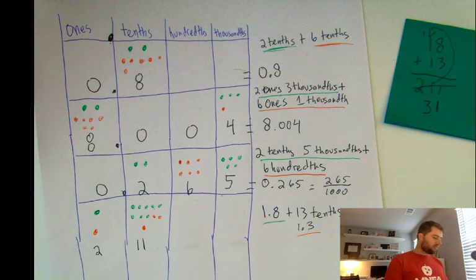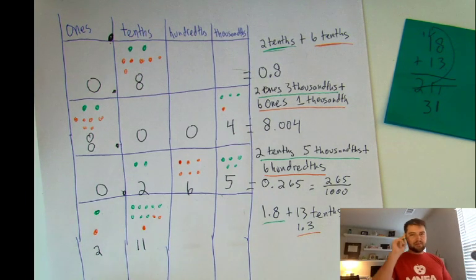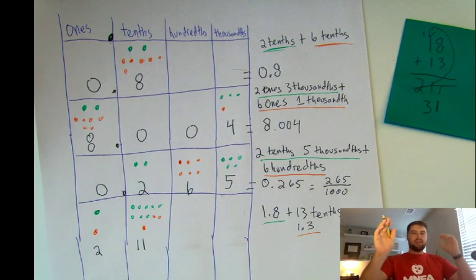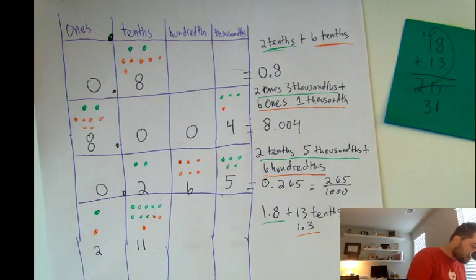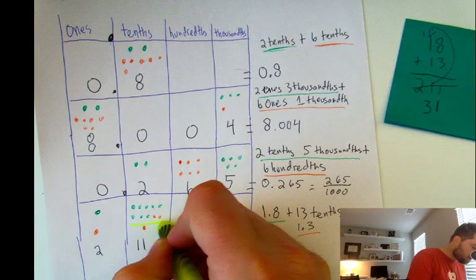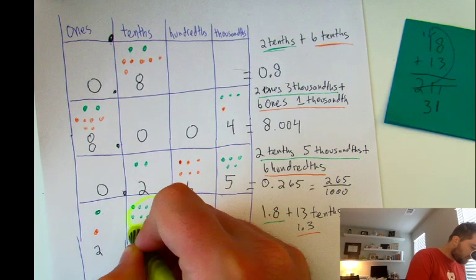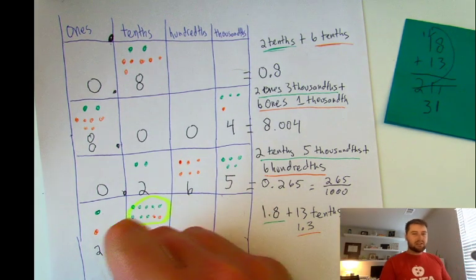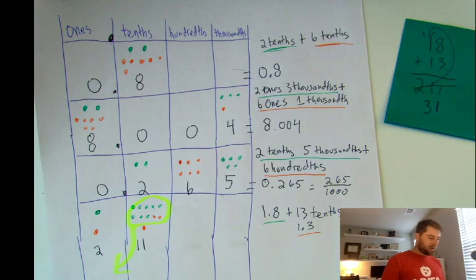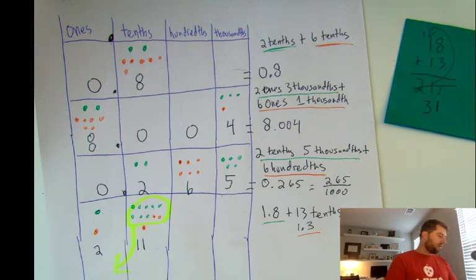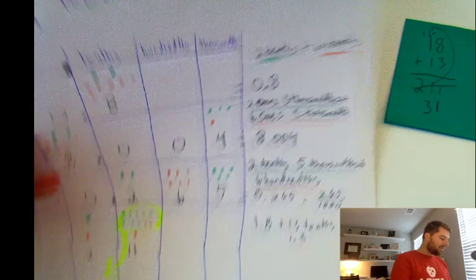So, as we regroup, as you remember, anytime we move from one place value to another, we go in groups of 10. So I'm going to take these 10 right here and move those 10 over there. 10 tenths, just like the fraction 10 tenths equals 1 whole, is going to equal 1 whole on the left side.